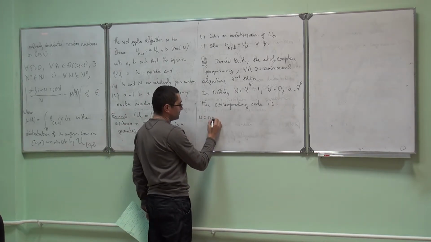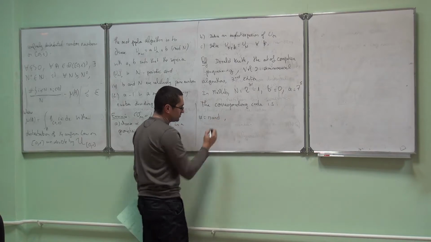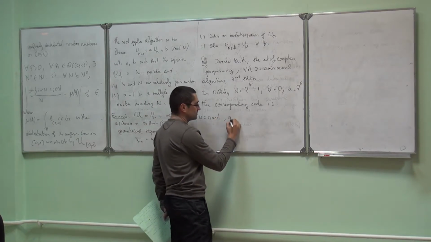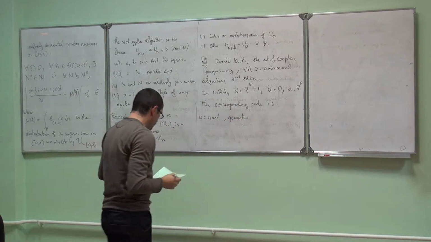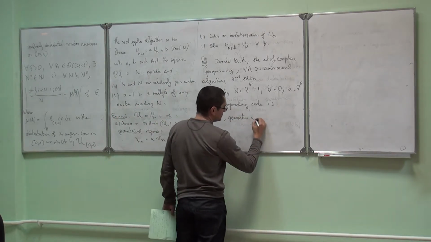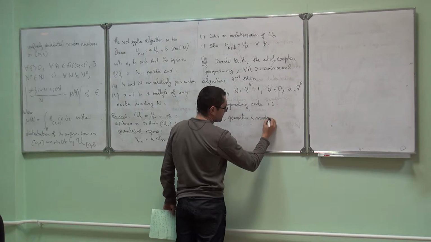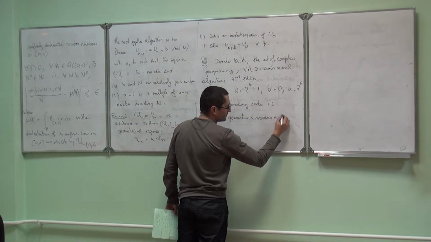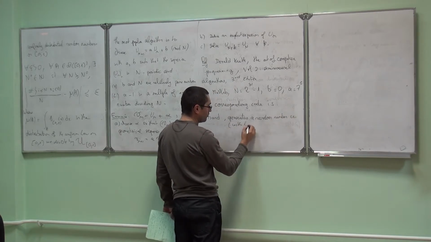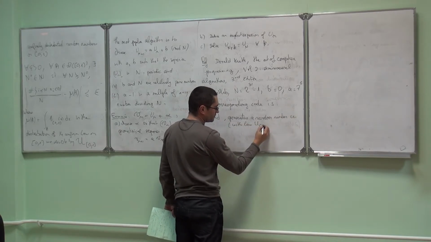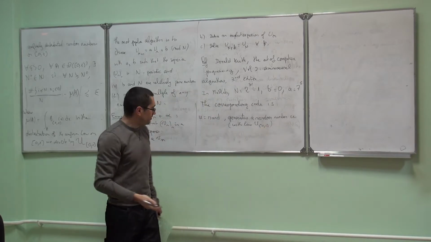U equals rand, it's just for generating a random number u with law U of 0, 1, so very simple.